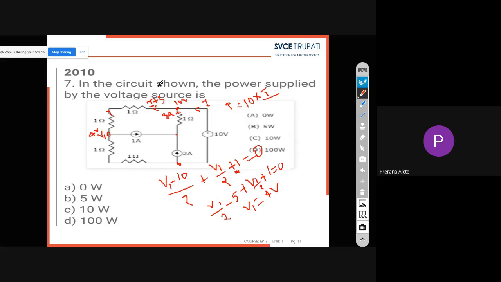So what is I plus 3 now? What is the formula for I plus 3? The branch current, I plus 3, equals what? 10 minus 4 by 2. Yes or no?